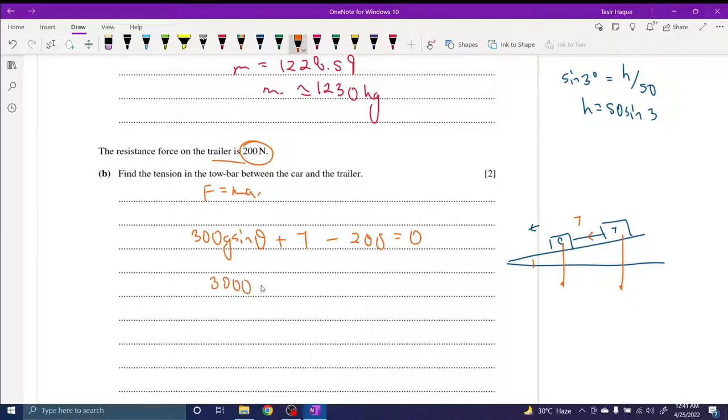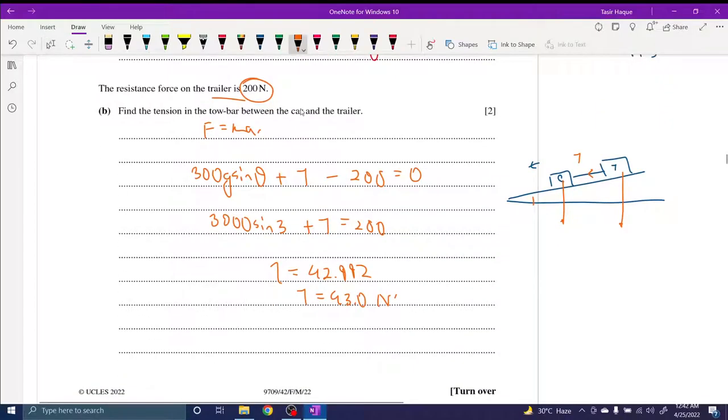So 3000 sine 3 plus tension is equal to 200. I'm getting a value of T is equal to 42.992, which is rounded off to 43.0 newtons. Okay, so this was considering the trailer.